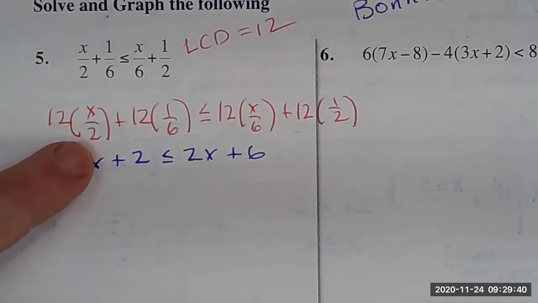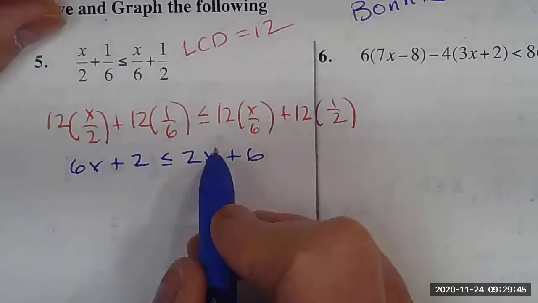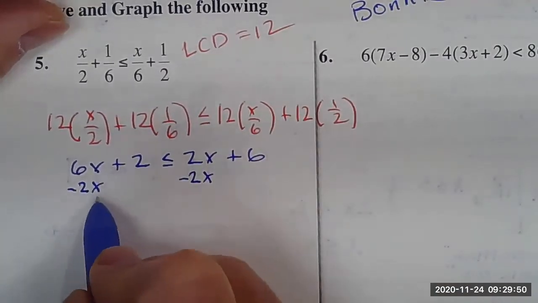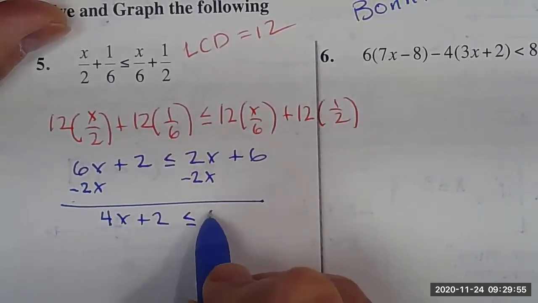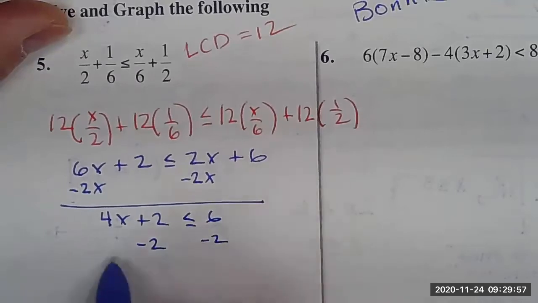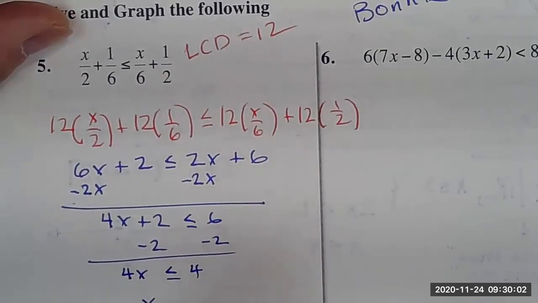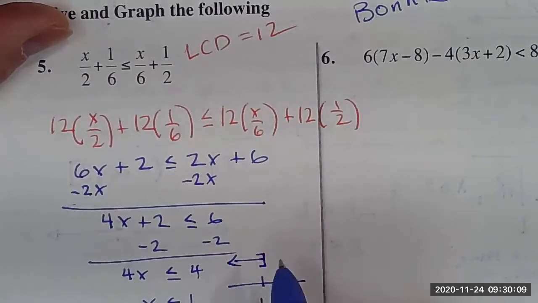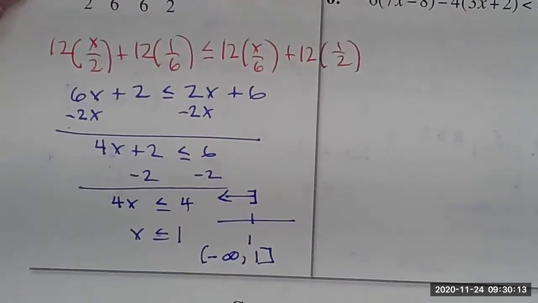Yeah, 12 over 2 is 6. That's 2. Yep, okay. So subtract 2x. Subtract 2. Bracket goes, less than goes this way, and so we got negative infinity to 1 bracket. Answer.